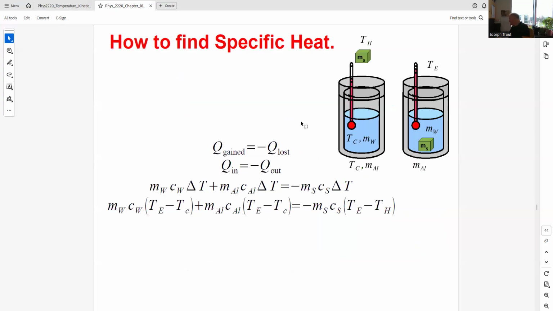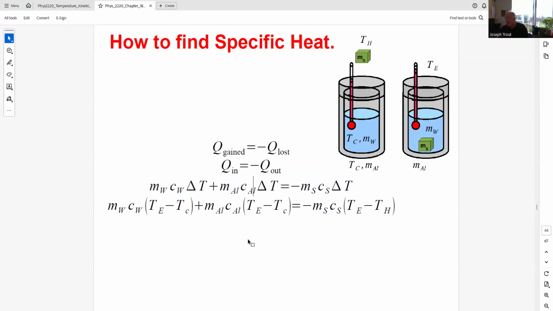So in this case, the heat that's lost by the sample is the heat that's gained by the water and the container. And so what we get is the heat that is gained is by the water and by the aluminum.